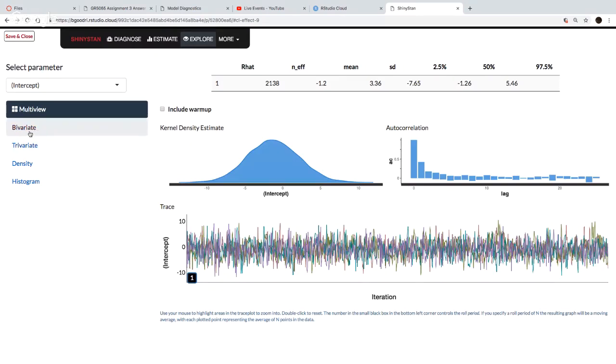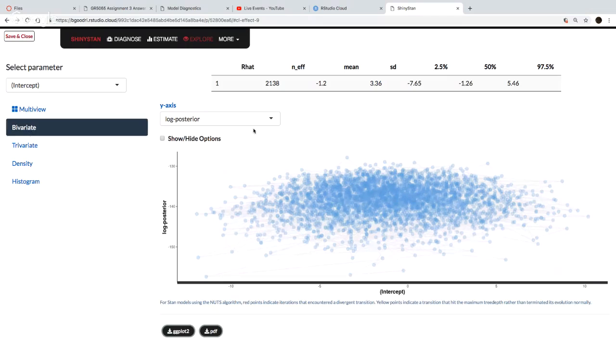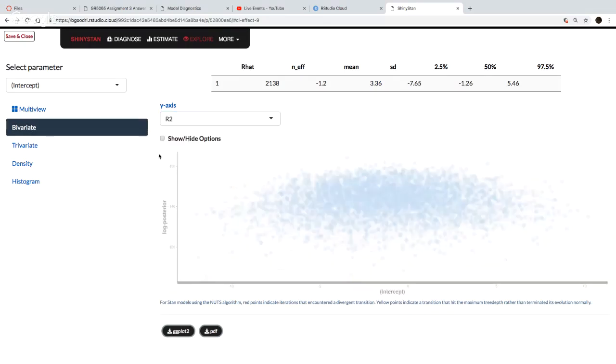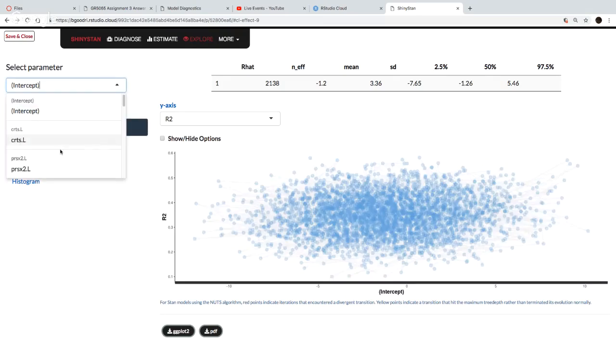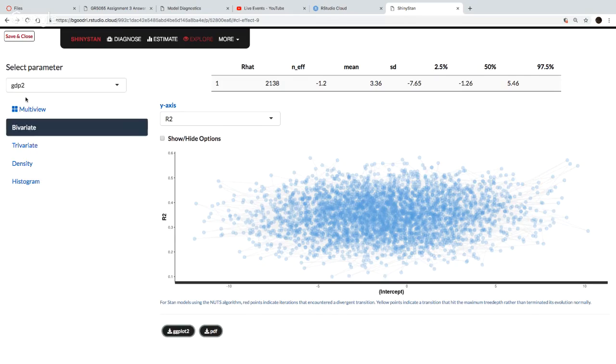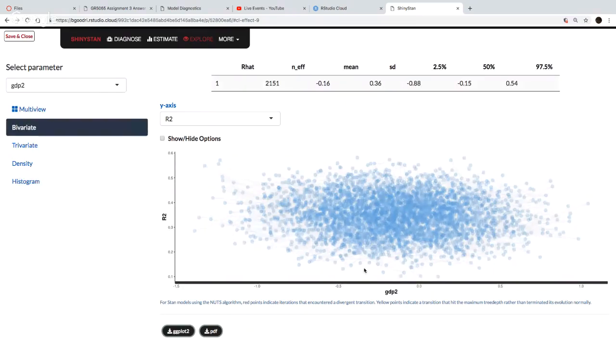What I particularly like are the bivariate plots. So here, we can get the correlation or the bivariate distribution between the R-squared variable and the coefficient on GDP. Not a whole lot going on in this particular case, but we can see realizations from the bivariate distribution of these things.